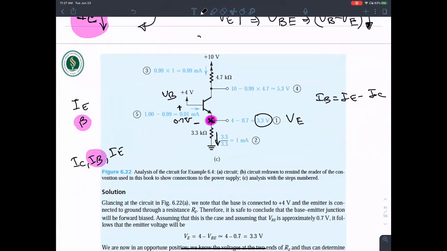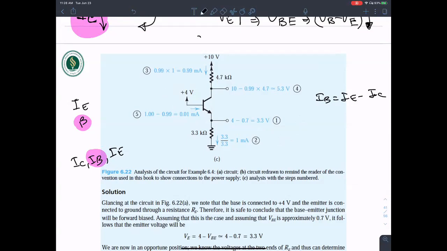Our first step, finding VE, is predicated on the observation that VBE is 0.7 volts. So once I know VB, I should know the value of VE. Once I know VE, the rest of the problem unfolds in a really systematic, very predictable, easy path.